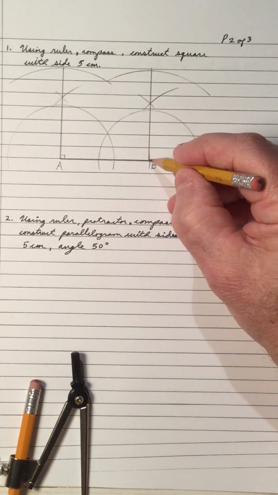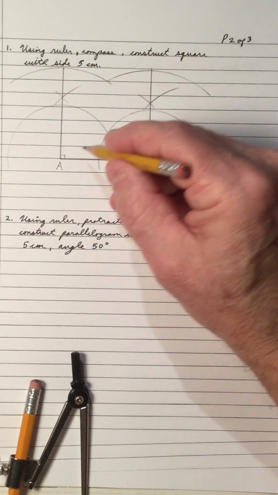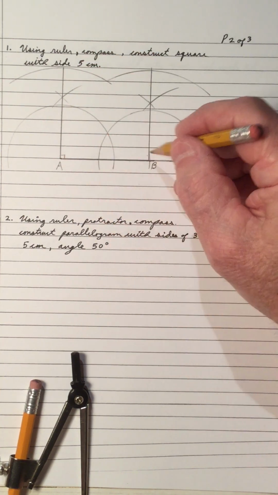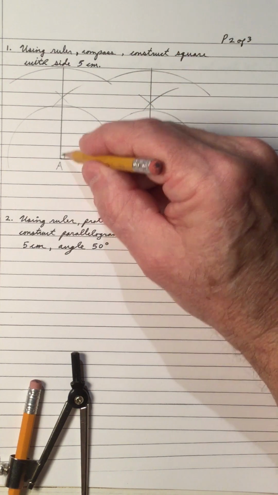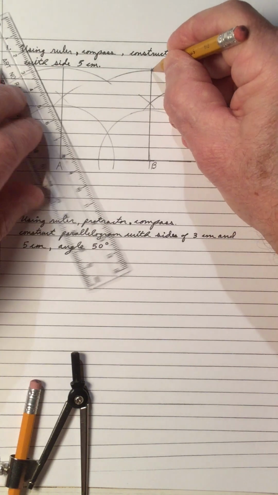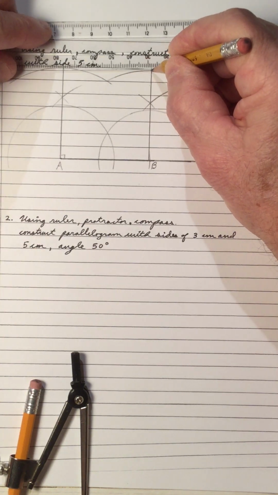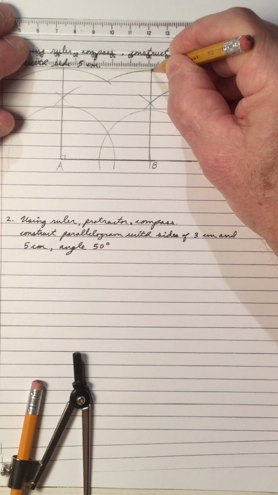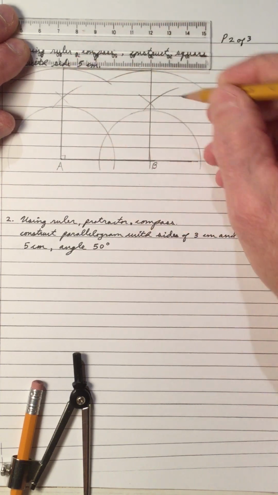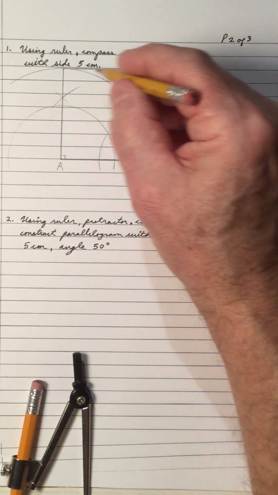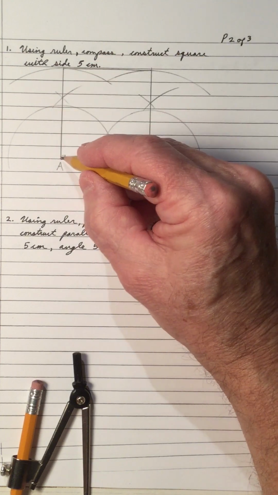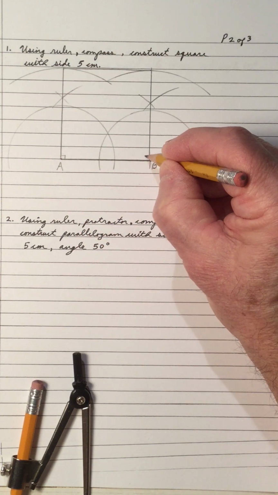So we have this segment here, 5 centimeters. We have this segment, 5 centimeters, this one 5 centimeters, AB 5 centimeters. Now if I join up those two, as you can see, we have all sides equal with a right angle, which means we have a right angle here.